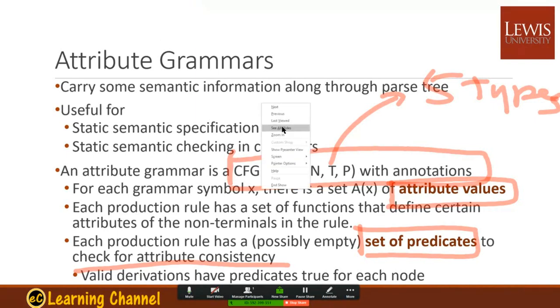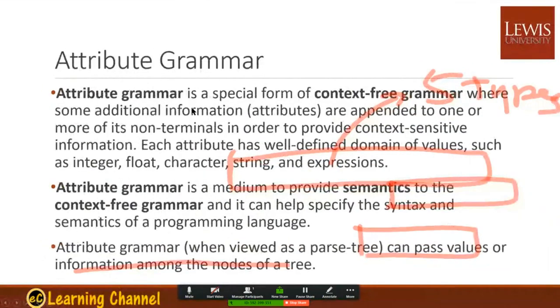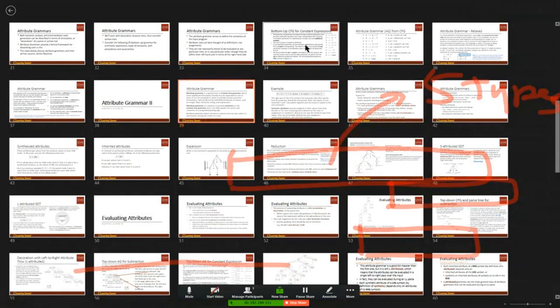What are the 5 types of information? Let me see. No, not here. The one we just mentioned. Not in here.